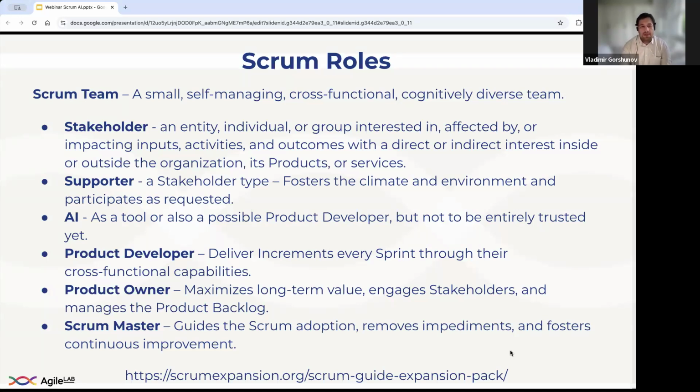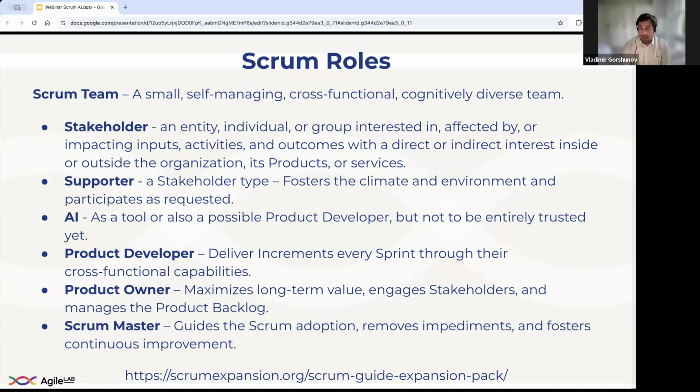Also, this is interesting, and I think this is one of the reasons why we've got the extension pack in place: AI, artificial intelligence, is introduced as a Scrum team member. And that's really interesting, because now we're saying it's not only about the people, the product developers who work on the product.